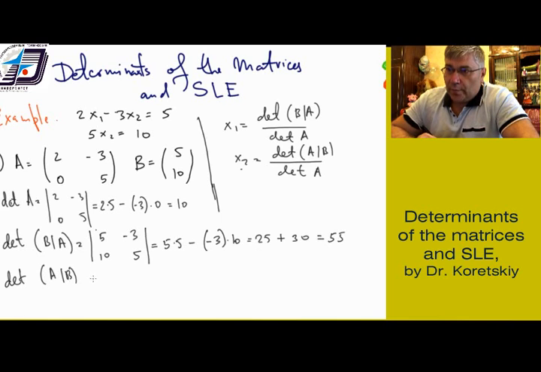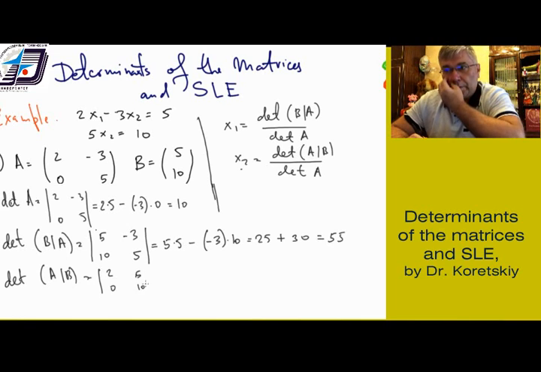Determinant A is 2, 0, 5, 10, and we have 2 times 10 minus 5 times 0, and it is 20.